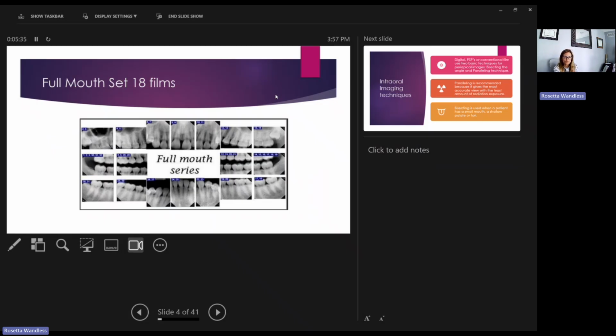You want to take a look at where the teeth are coming together, the contacts, and notice how each of these contact areas between each tooth, these are good quality pictures because you can see through the interproximal space, and that makes it a good quality picture.